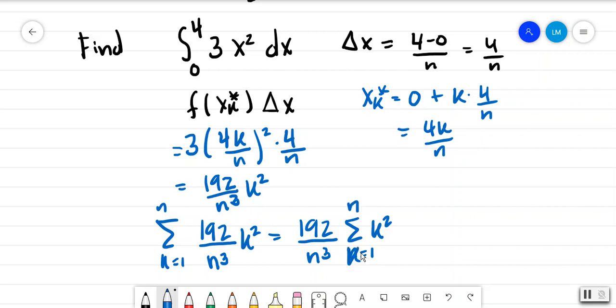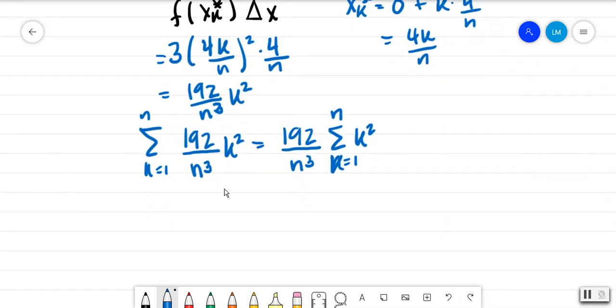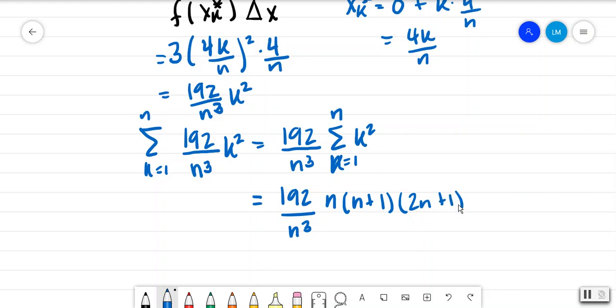Now, this tells us, furthermore, that this is going to be 192 divided by n cubed, and then, okay, so we actually know what the sum of k squared is. It's n times n plus 1 multiplied by 2n plus 1, and then this is all divided by 6.